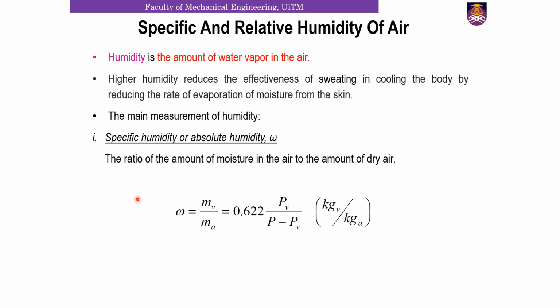As you can see here, there are no units for omega, but we quantify it in terms of kilogram of moisture to kilogram of dry air. So specific humidity, if you want to specify it, is always in terms of kilogram of water moisture to kilogram of dry air. So this is the unit, kilogram of H2O divided by kilogram of dry air.